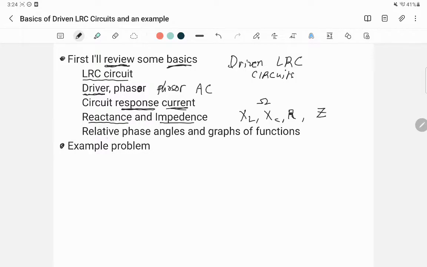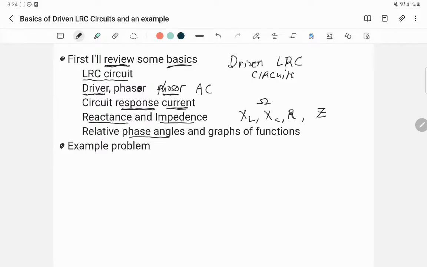We're also going to have to talk about phase angles, which is the origin of this little bit of technology called a phasor. Phasors help you keep track of relative phase angles very simply, graphically.